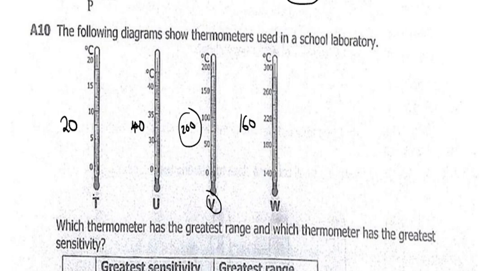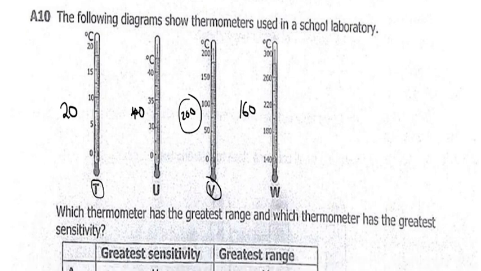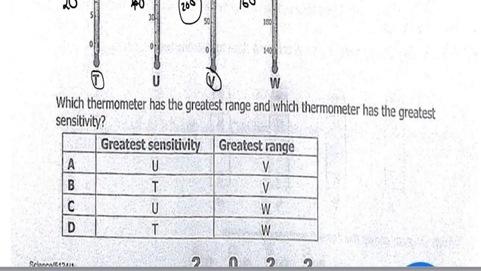So T is the one with the greatest sensitivity because it can detect smaller temperatures. It has smaller divisions. So our answer should contain V and T, and the answer choice should be B.